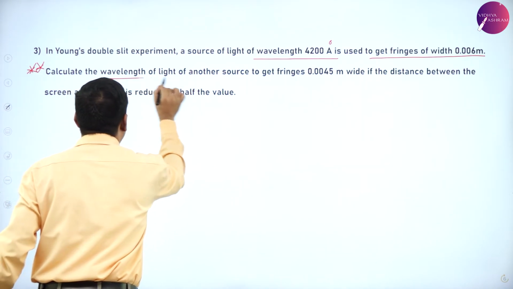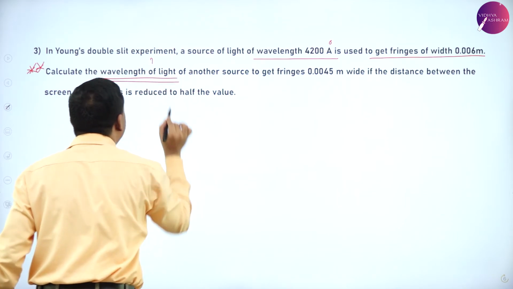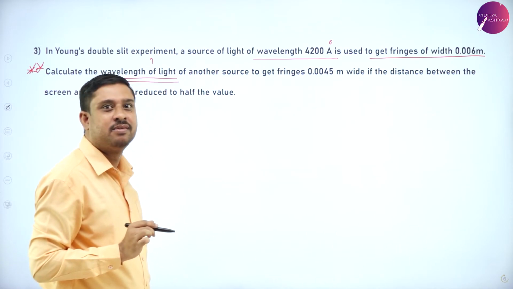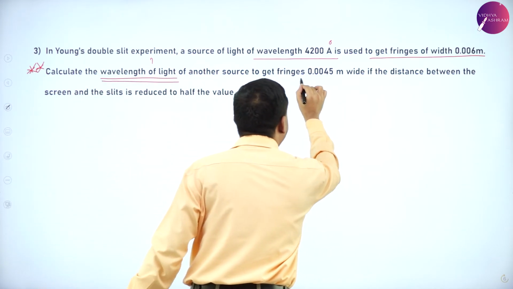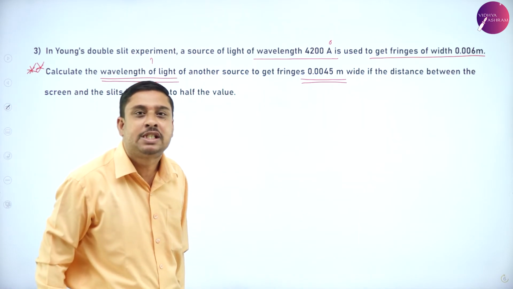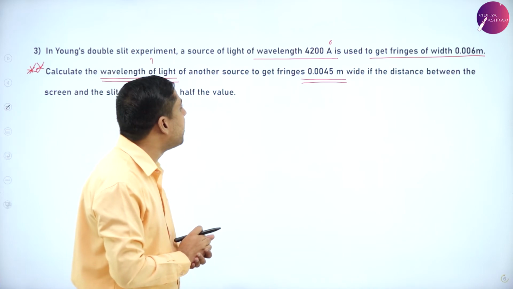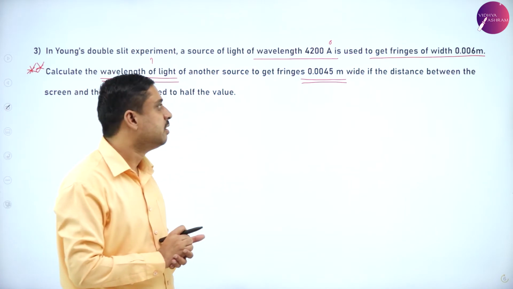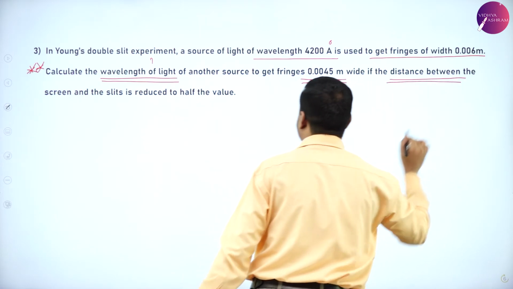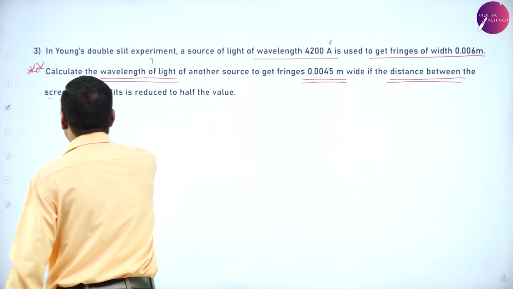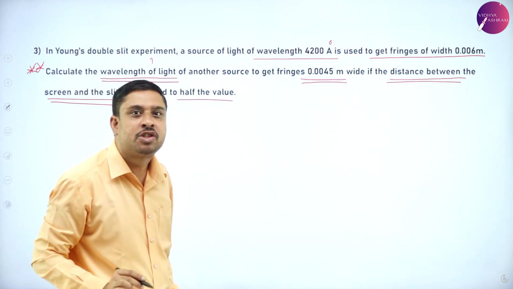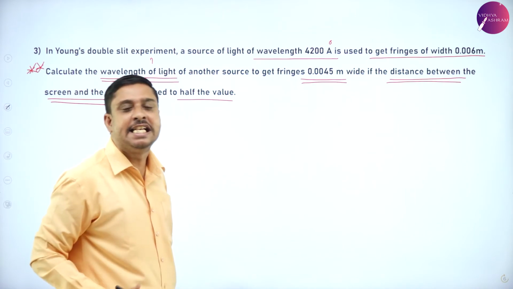Calculate the wavelength of light from another source to get fringes 0.0045 meters wide if the distance between the screen and the slits is reduced to half of the initial value.